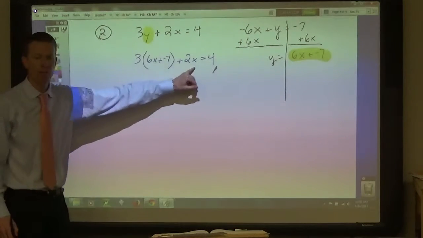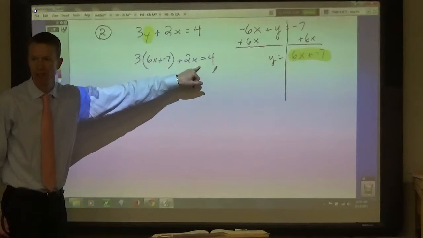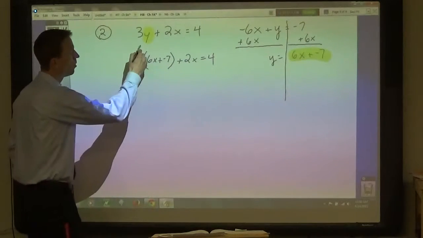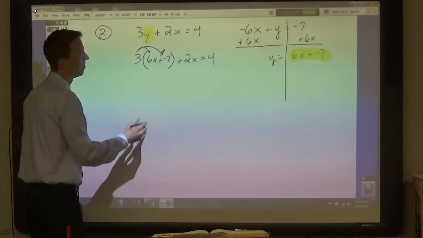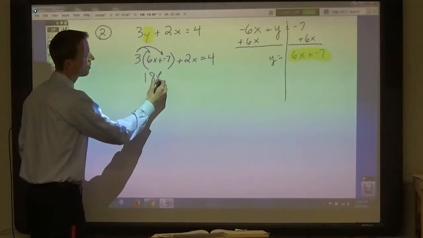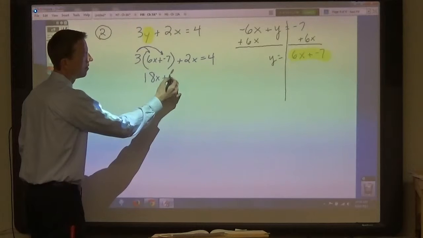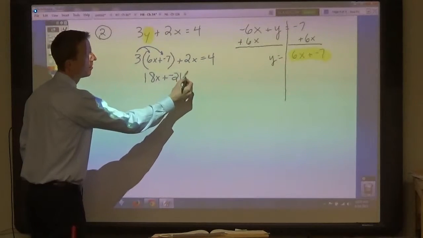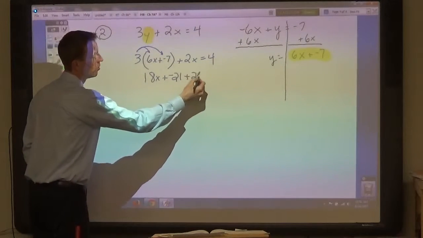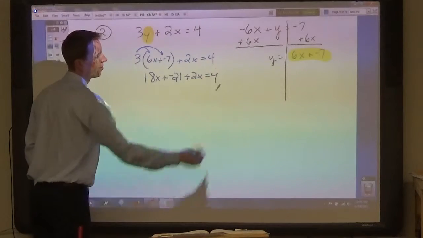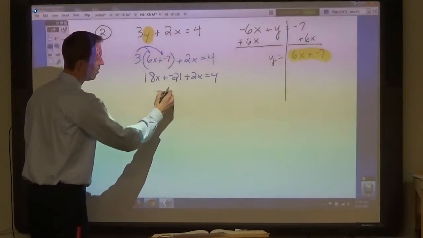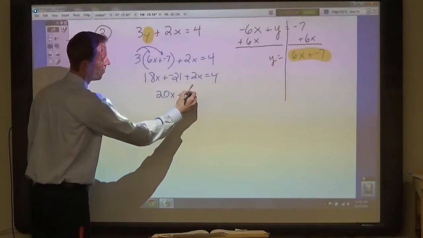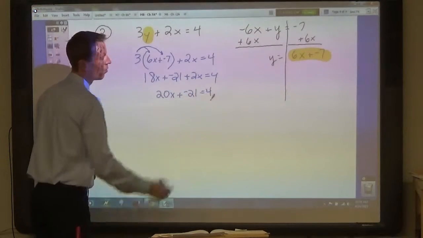Well, now we have just one variable, we can solve for that variable. We have to distribute the 3. So 18x plus negative 21, plus 2x equals 4. Combine like terms: 20x plus negative 21 equals 4.